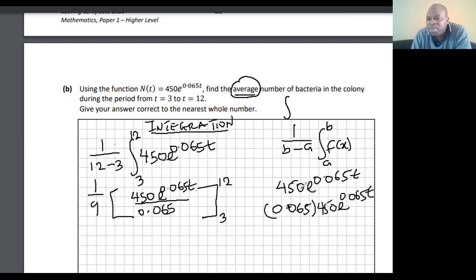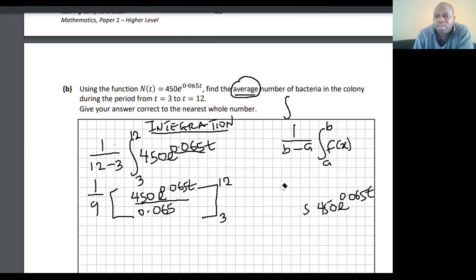But in the case of integration, it's the other way around. This power will come down and divide into them. In differentiation, it comes to the front and multiplies. But in integration, it should just come down. That's all you need to remember. It's not a big deal.